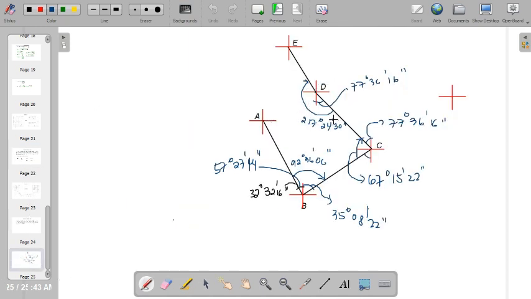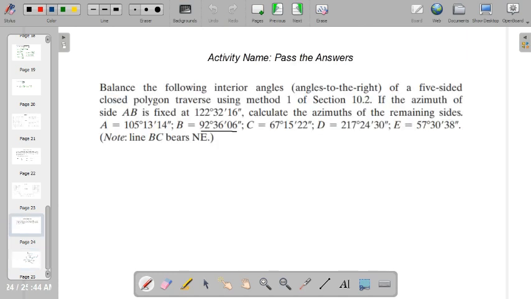And then we get the bearing line of DE, I mean the angular distance of DE. That is equal to 40 degrees. What I did there is I just subtracted the 135 from 180. That gives you 40 degrees, 11 minutes.